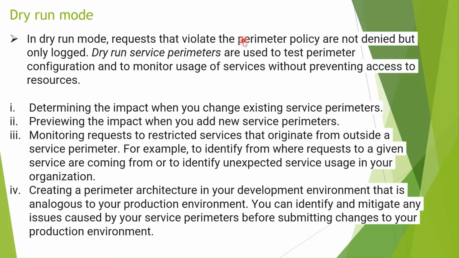Otherwise, you can just monitor without causing any service disruption to your resources. With the help of dry run, we can determine and preview the impact, monitor requests to our restricted services, and according to that we can create a perimeter architecture in our development environment. According to that, we can create the same environment in a production environment also.